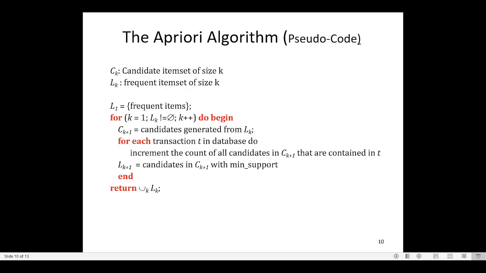Ck plus 1 is the candidates generated from Lk, and for each transaction t in the database, we increment the count of all candidates in Ck plus 1 that are contained in t. Lk plus 1 is equal to the candidates in Ck plus 1 with minimum support. We end this loop, and then we return the union of all the Lk.